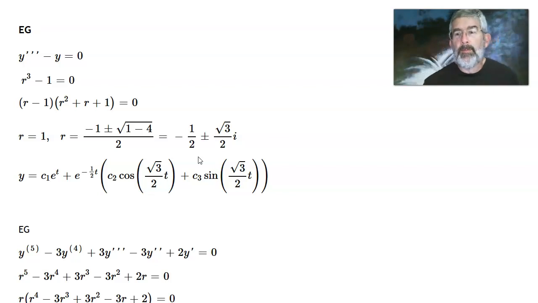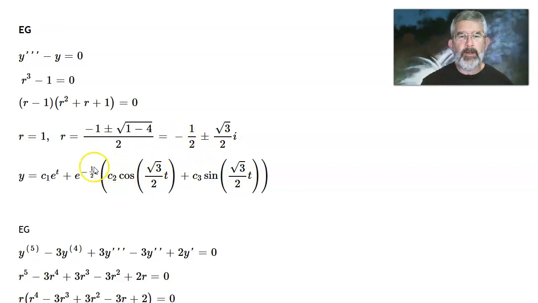Okay, so the r equals 1 tells me that e to the t is a solution, which I already knew. But these other ones tell me the other solutions, and because they're complex numbers, I'm going to end up with an exponential part times a sum of sines and cosines, right?